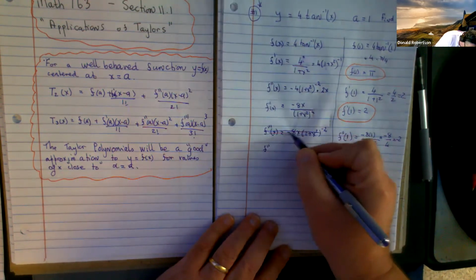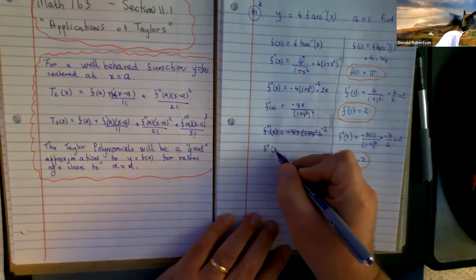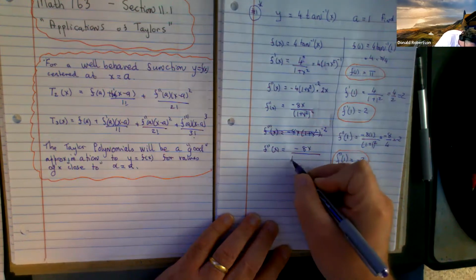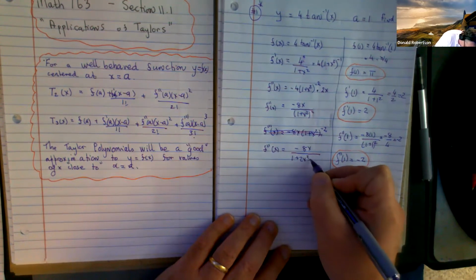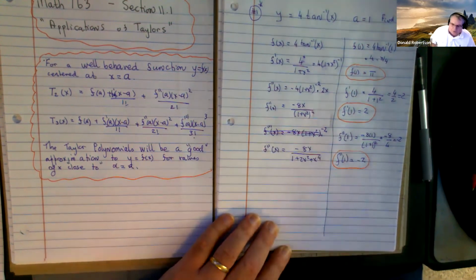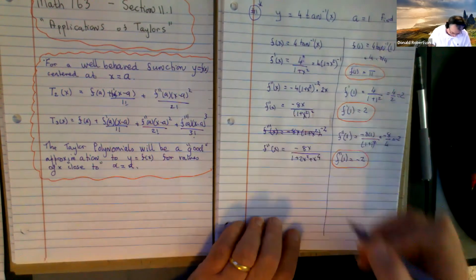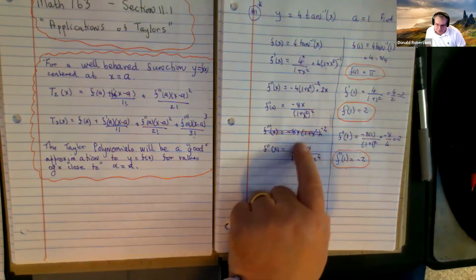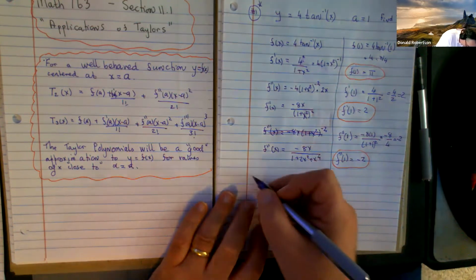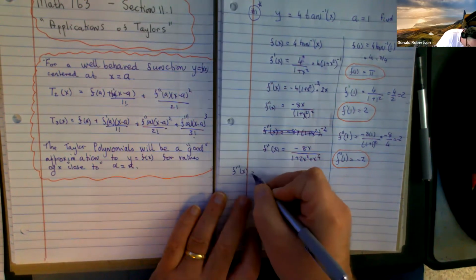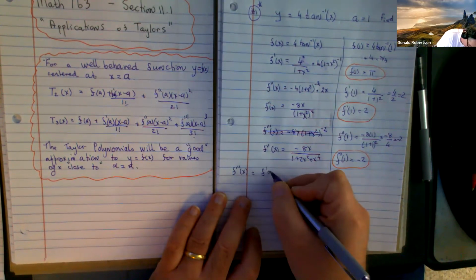Let me scroll that through. Is actually to FOIL out 1 plus x squared squared. And that's what you get. Now, it's not very pretty, but at least I have a way to deal with it. And what I'm going to do is the quotient rule.